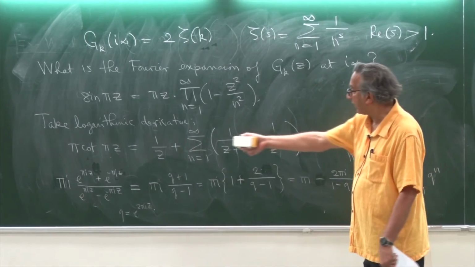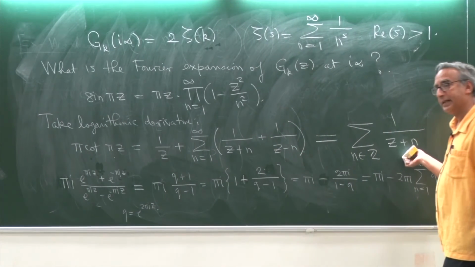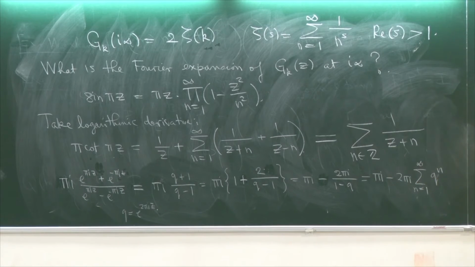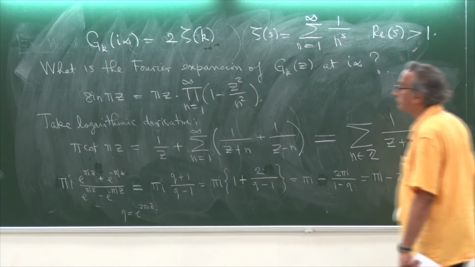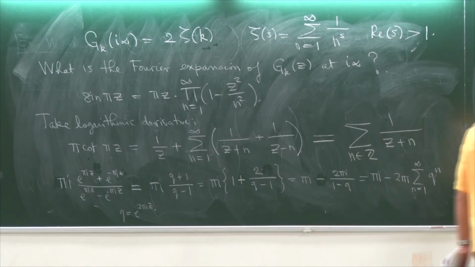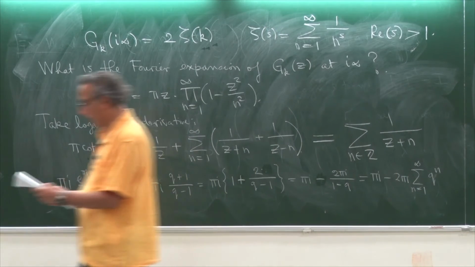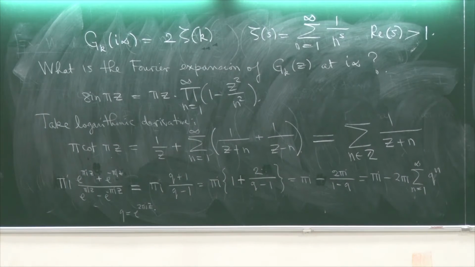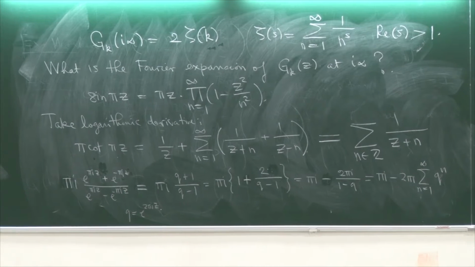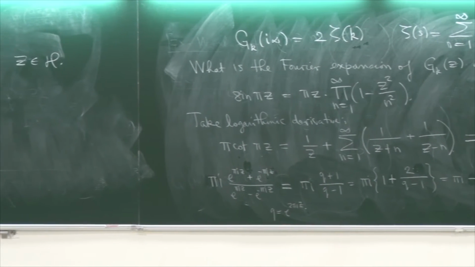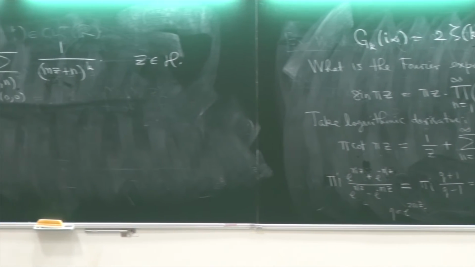On the other hand, I'm recognizing pi times cotangent pi z as this, and I differentiate each one term by term, and then you can see that you get that. Okay. I mean, it's not a big deal to see this. So indeed, the proof.